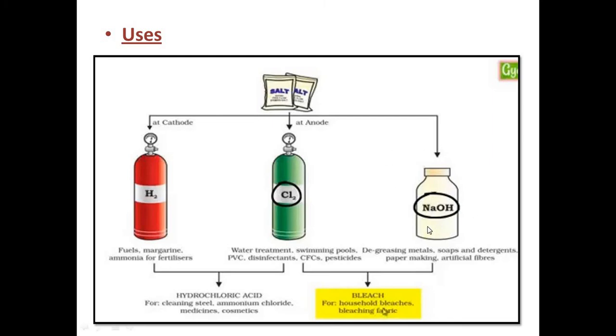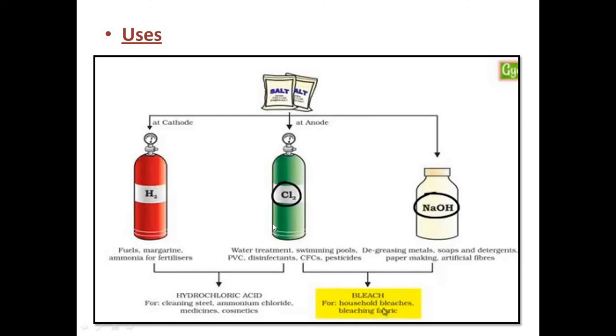NaOH, caustic soda, sodium hydroxide, is used in degreasing metals, that is, the grease on metals can be removed through NaOH. It is also used in the preparation of artificial fiber, in the paper industry, and in soap and detergents.